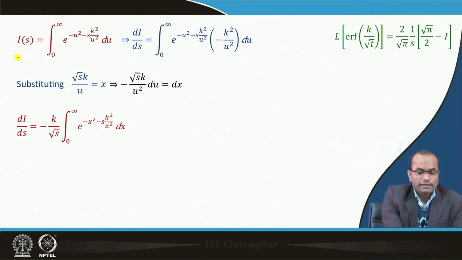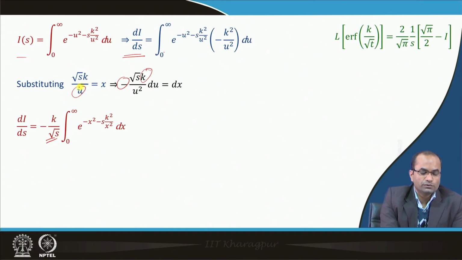So, dI over ds is equal to minus k over square root s. The limits will change, but with this minus sign again we can get back to the same.